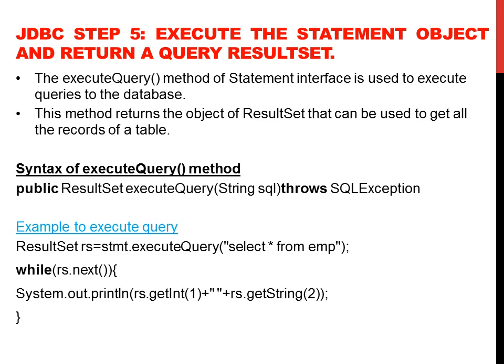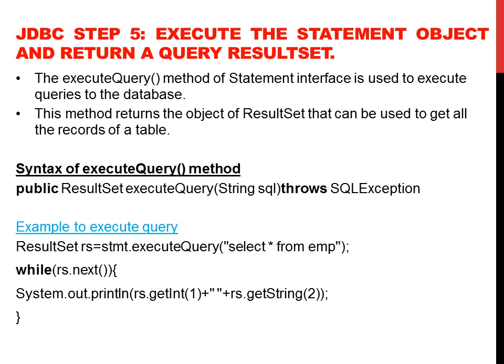So ResultSet rs is equal to statement object dot executeQuery. Inside that we are giving the query select star from emp. So it will select all the records from the emp table. Now the records are there in the rs object, so you have to iterate through the rs object. While rs.next, it will point to the first row of the rs object.